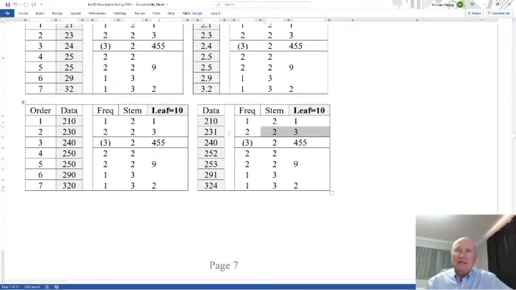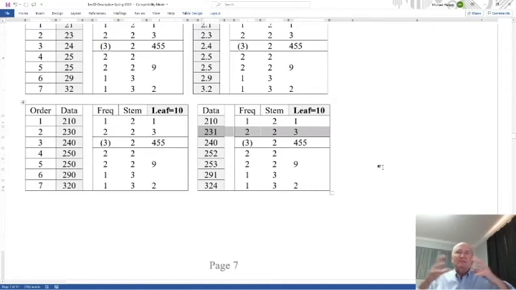But the data set is 231. So it's not a 1-to-1 mapping. So the stem and leaf says the leaf is the lowest discrimination that I'm going to represent. Below that, I'm going to ignore it. So it doesn't really illustrate the actual number in the data, because the data could be very different, 231 versus 230.